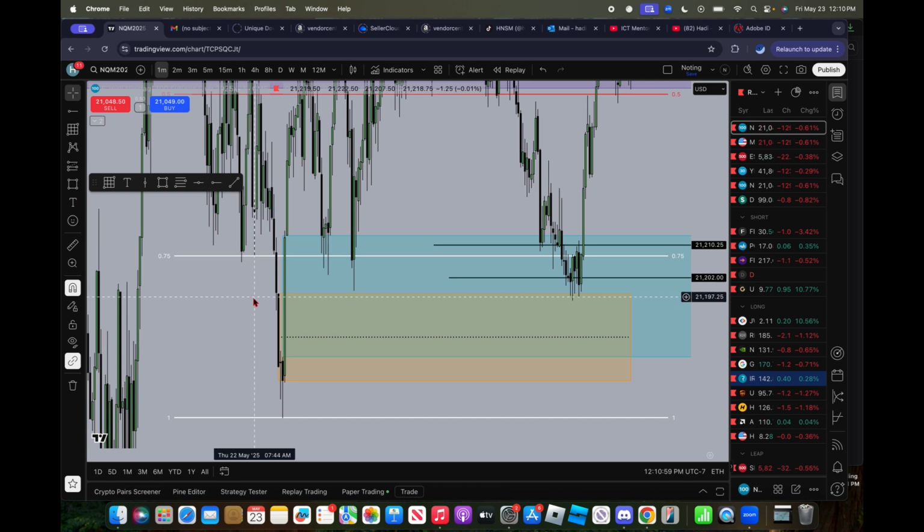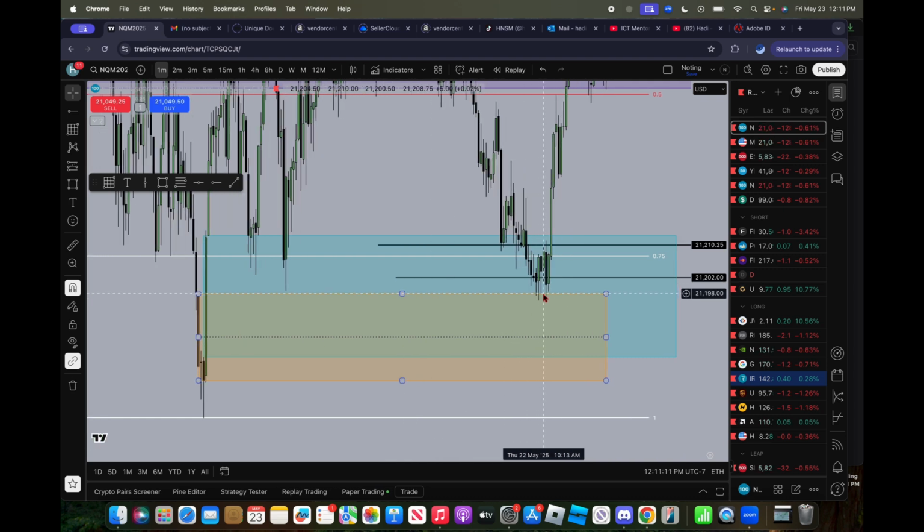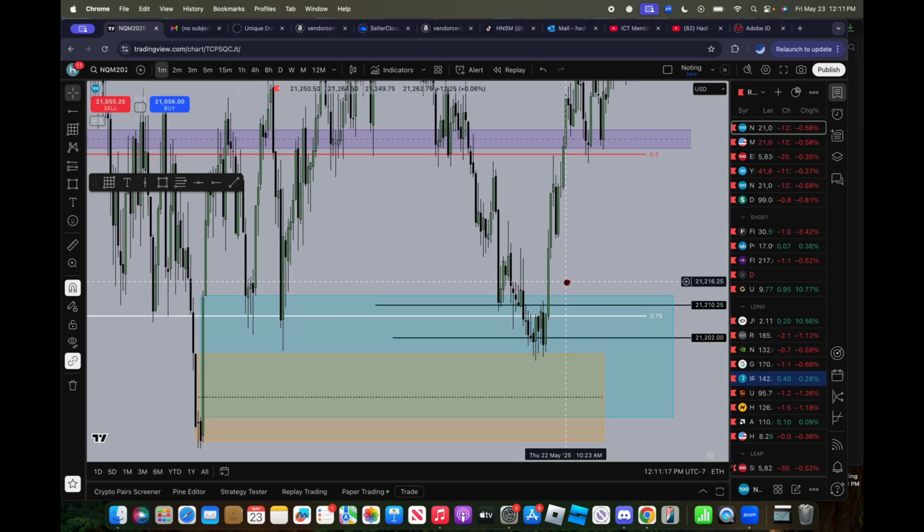But then, with these 3 that I'm taking, which also aligns at the bottom end of this fair value gap, we tap the body, the high of the body, and then the candle flips bullish. And now this is just a higher risk entry that I took the other day.